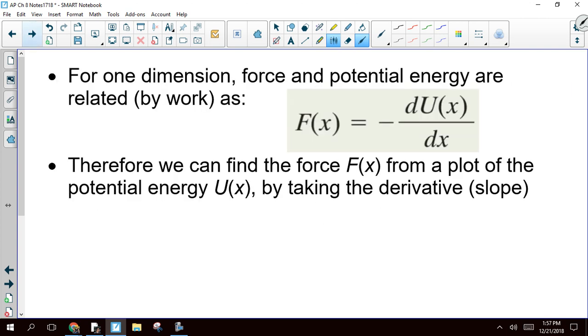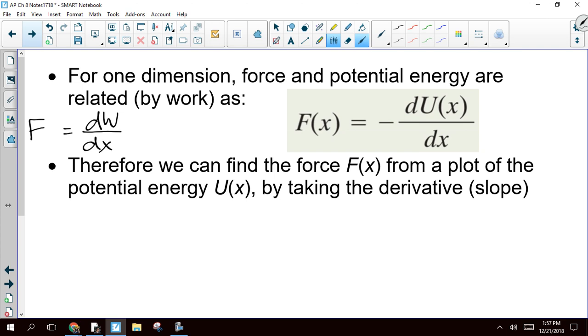So, for example, one of the things we've learned is this: if you talk about the work done by a force, the derivative of the work as a function of position is simply your force, right?